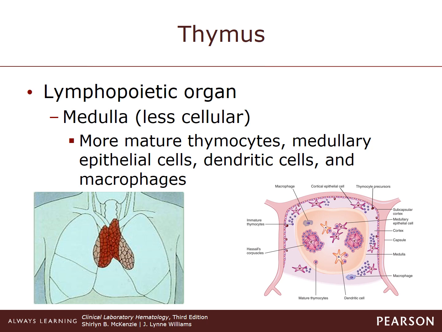On the right, you see a cross-section of the thymus, where you have the cortex on the outside and the medulla in the middle. Both areas are populated with the same cellular elements: lymphoid cells, reticular cells, epithelial cells, and macrophages. The main function of the thymus is to receive signals from immature T cells and mature them within the thymus itself.